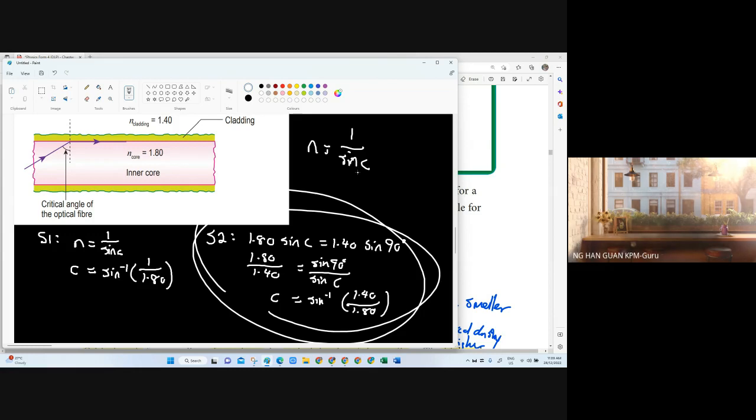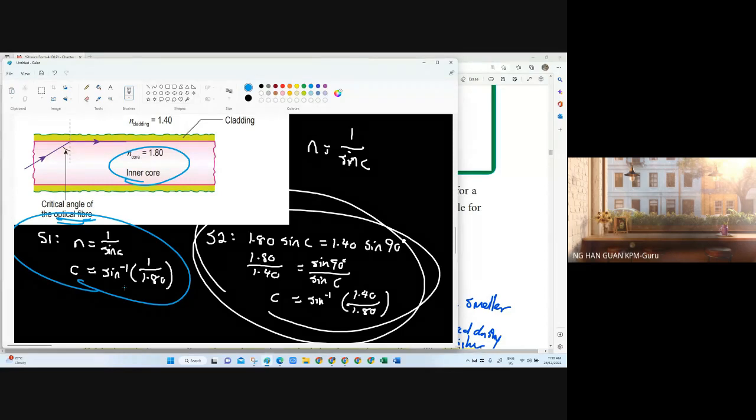So by right, when you want to know the critical angle of this optical fiber, if we are referring to this inner core only, it should be this one. But when the optical fiber refers to the whole optical fiber, then the calculation will be different. The calculation will come to S2.